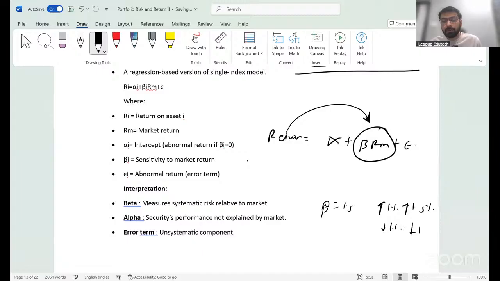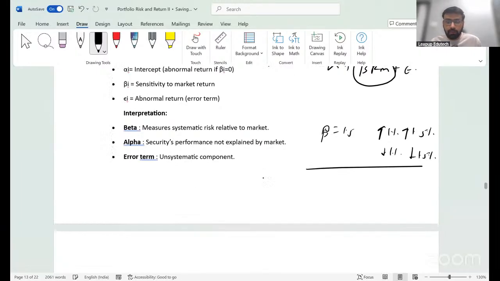If the market goes down by 1%, my stock will go down by 1.5%. If my beta is 0.5, that means if the market goes up by 1%, my stock will go up by 0.5%. If the market goes down by 1%, my stock will go down by 0.5%. I hope you guys understand this.